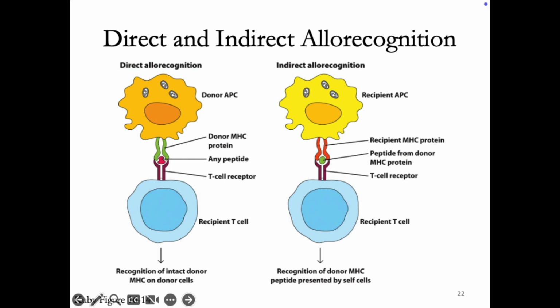And so direct allorecognition is basically what I've been telling you about previously, where you can see here is my antigen presenting cell from the donor. So this is some cell from the kidney of the donor. It's presenting on the donor's MHC, whatever MHC that kidney donor has.